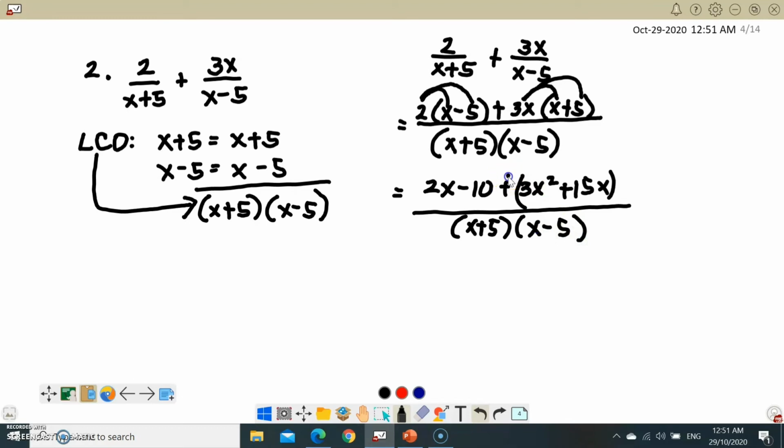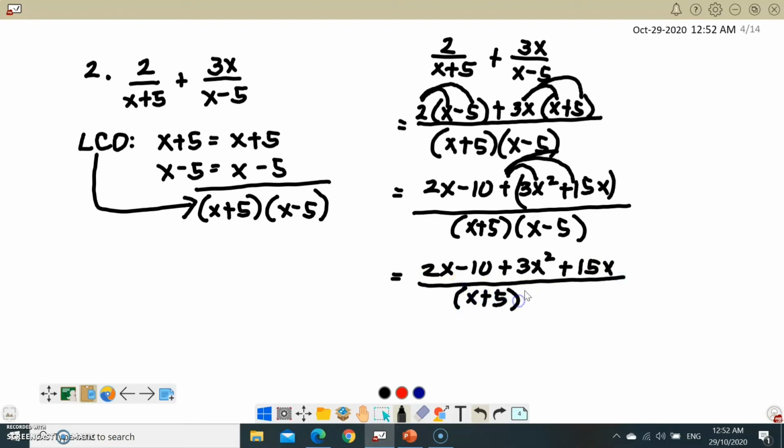So we distribute addition. So positive multiplied by positive is positive 3x squared. Positive 1 multiplied by positive 15x is equal to positive 15x. So we now have 2x minus 10 plus 3x squared plus 15x over the denominator x plus 5 multiplied by x minus 5.